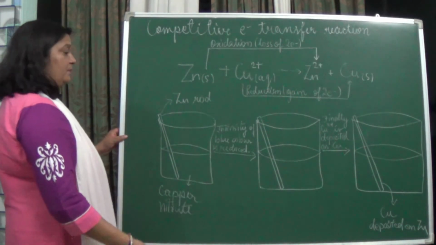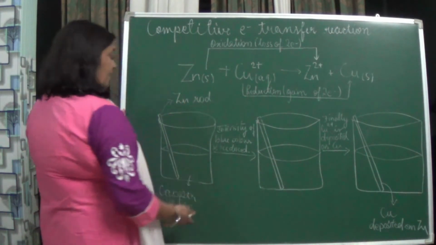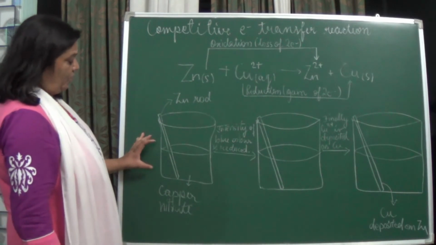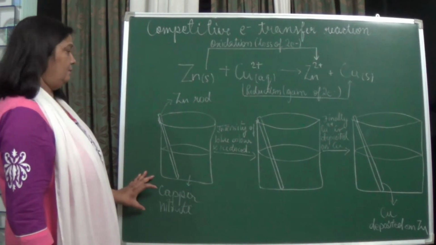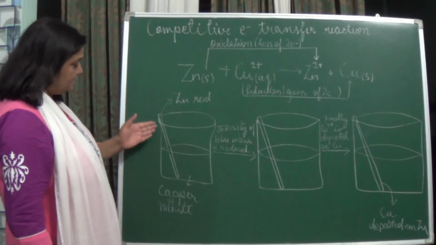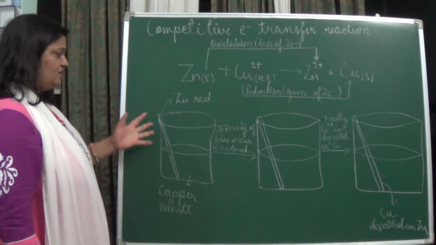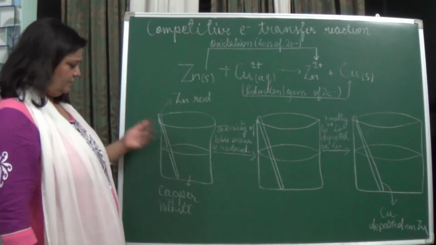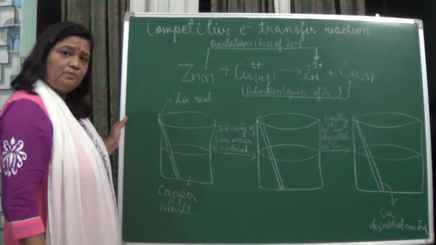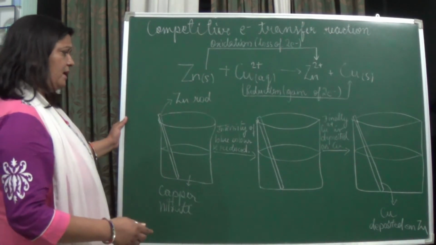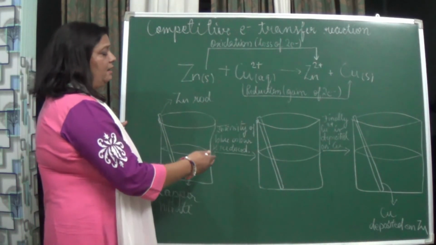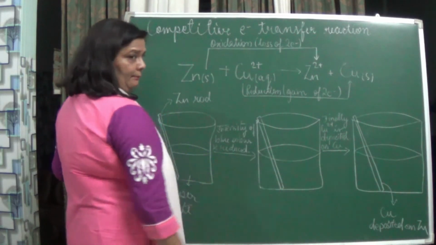Let us see the experiment using this beaker. In the beaker, copper nitrate has been added, and a zinc rod has been placed in it. Initially the solution of copper nitrate is blue in color, but the intensity of the blue color reduces after some time.